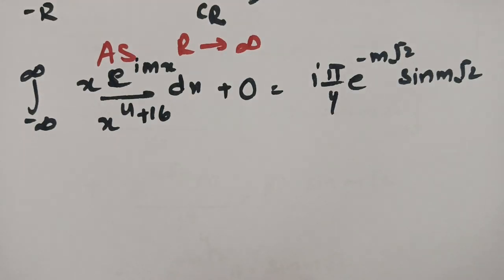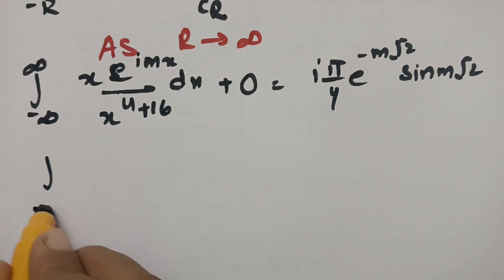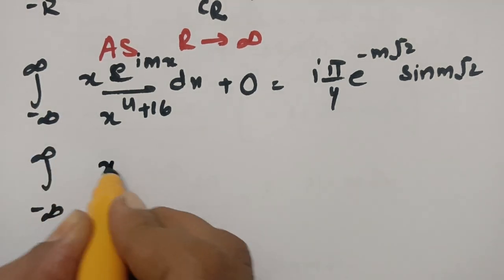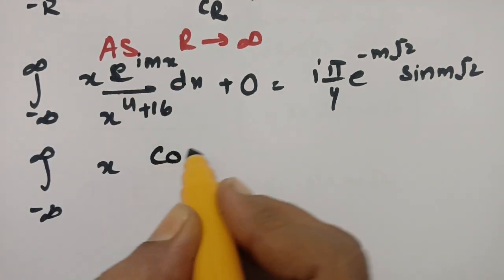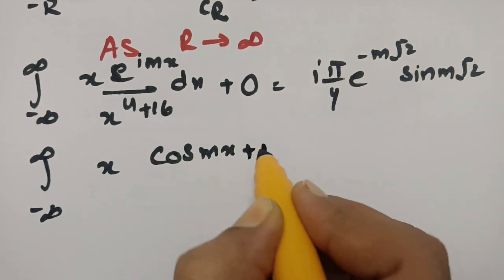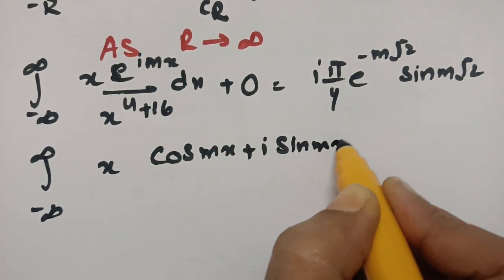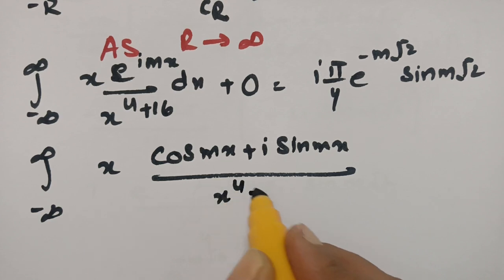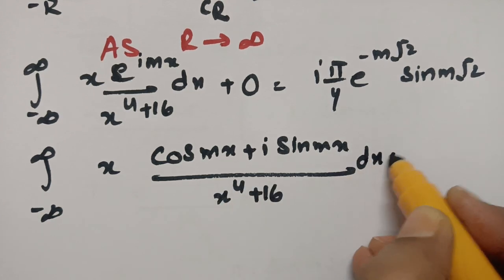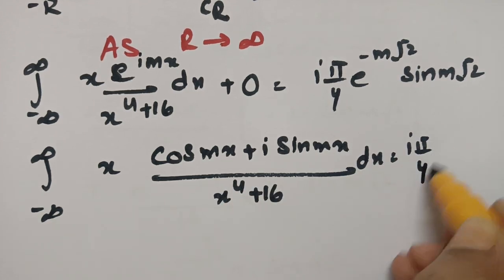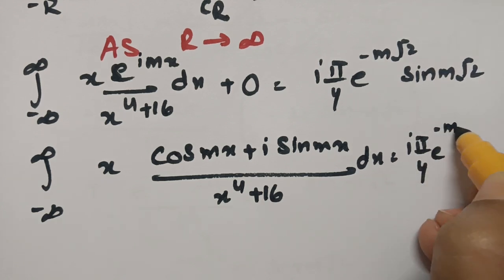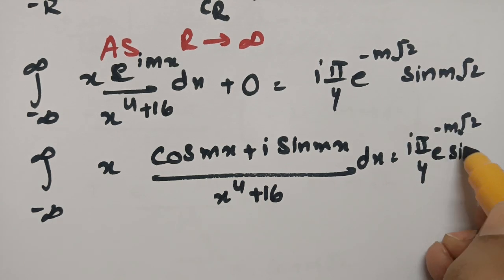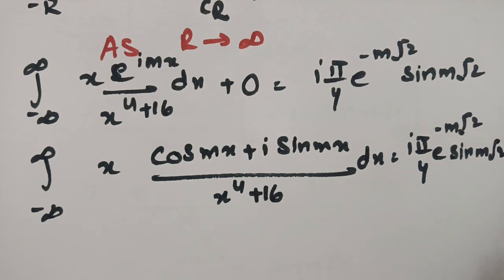Clear? And therefore this can be written as the integral from minus infinity to plus infinity of x times cos mx plus i sine mx by x power 4 plus 16 dx, which is equal to i times pi by 4 e power minus m root 2 into sine m root 2.